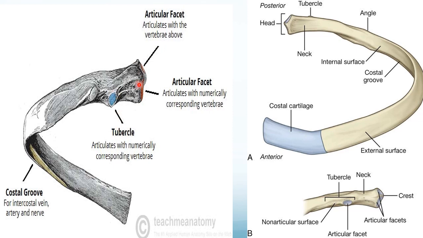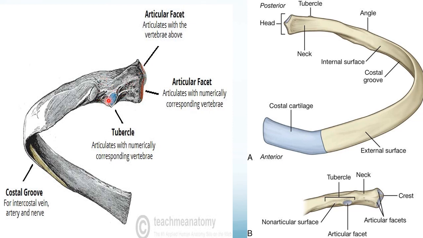Here, the typical rib is formed of head, followed by neck, costal tubercle, shaft, and the anterior end, cup shaped as it articulates with the costal cartilage. The head carries two articular facets and a crest in between.